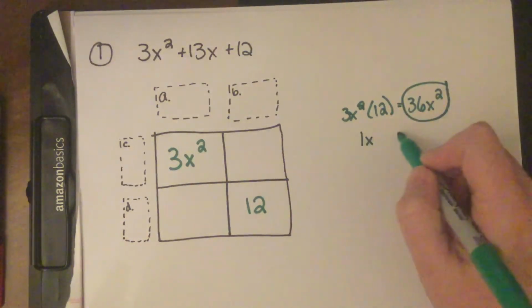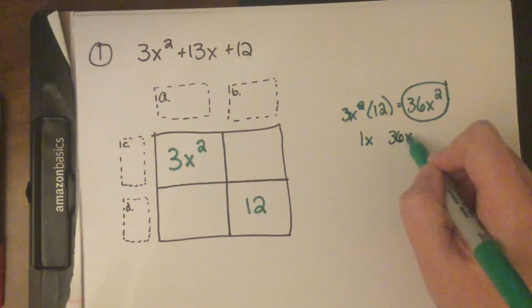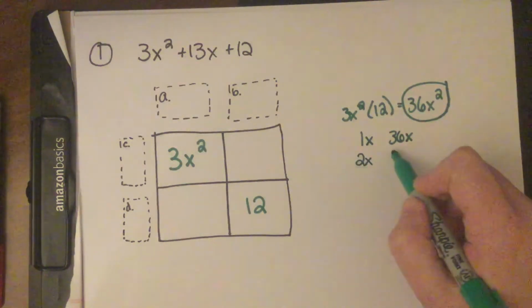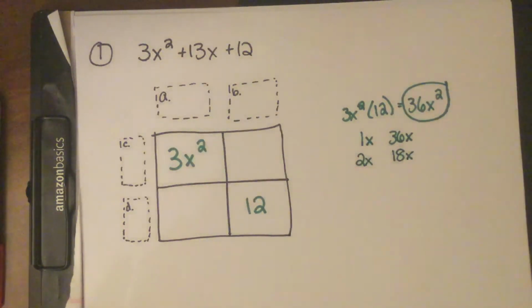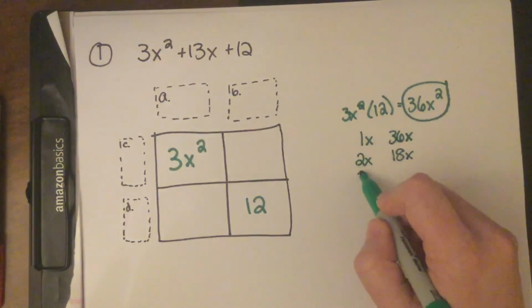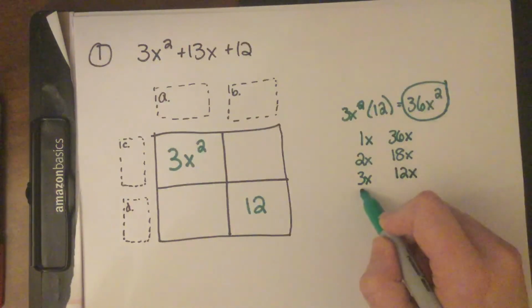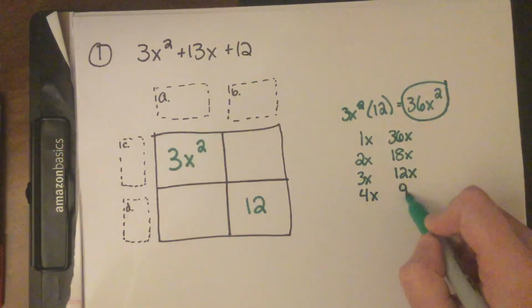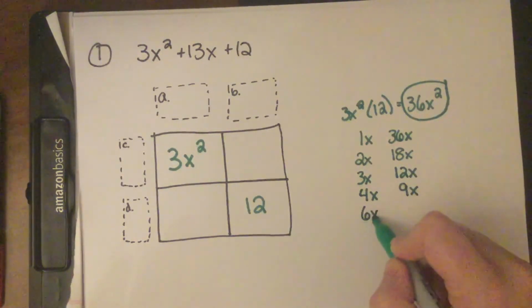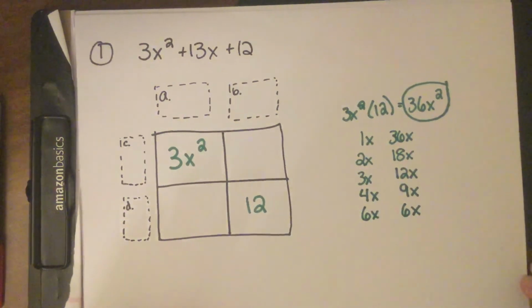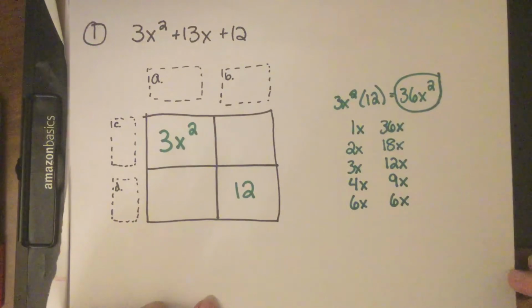So 1x and 36x will give us 36x squared. 2x and 18x will give us 36x squared. 3x and 12x, 4x and 9x, and 6x and 6x. Those are all the possible factors we have of 36x squared. So that was step 2.